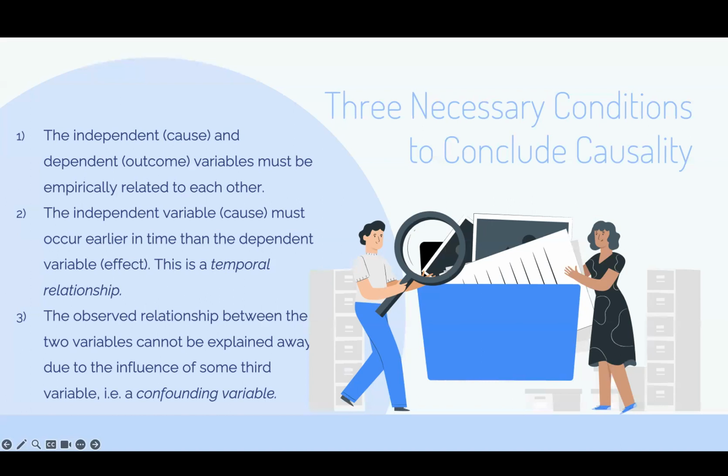So in our practical application within social work, these conditions guide us in designing research that can produce reliable and valid conclusions about the causal relationship that inform our practice.